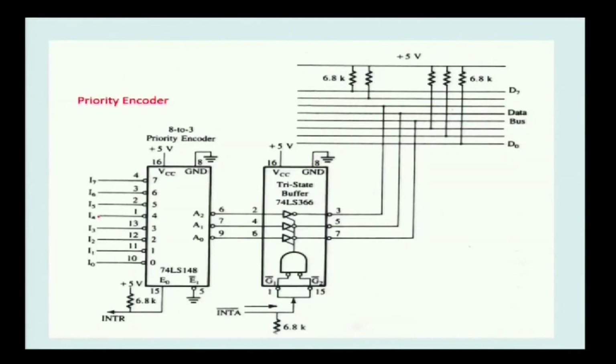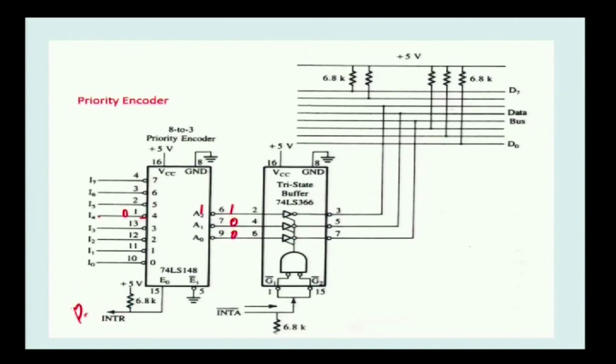Now, I am saying interrupt 4 is enabled. 4 is enabled means only this signal will be 0, because this is an active low signal; by sending low, it will be enabled. So, 4 is enabled means 1 1 0 0. This is the output of the encoder. At that time it sends the INTR signal to the processor.